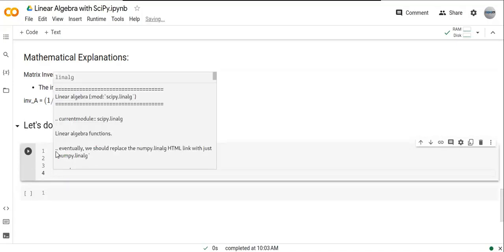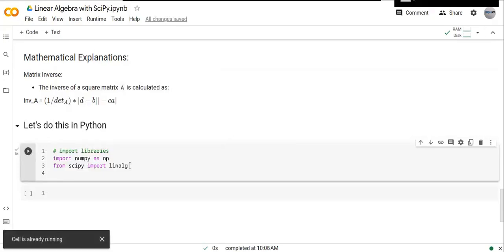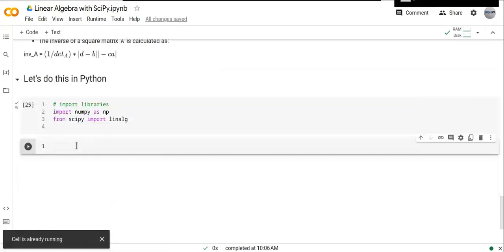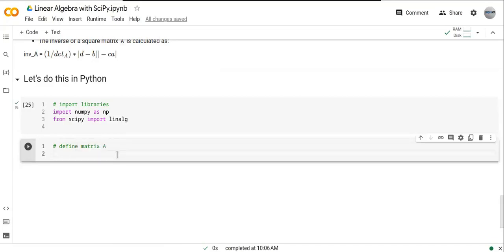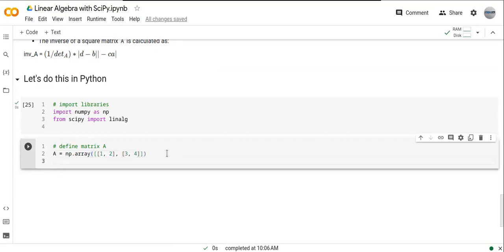And now the next step is let's define matrix A. Matrix A is np.array, [1, 2], [3, 4].